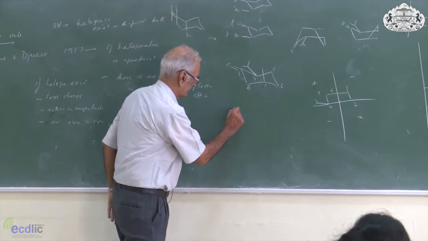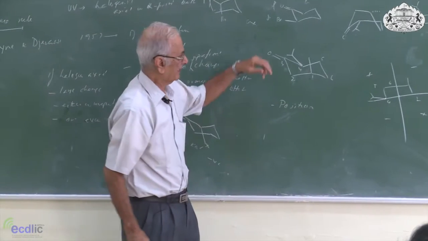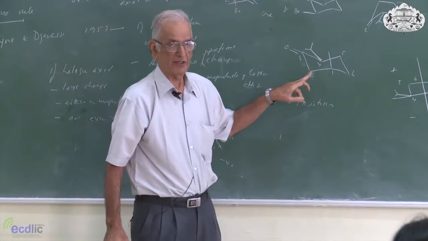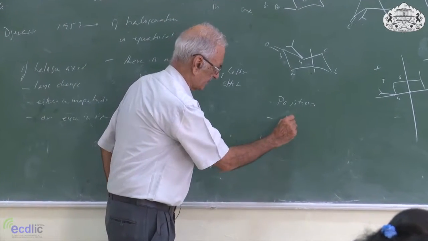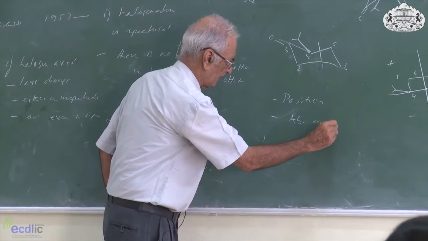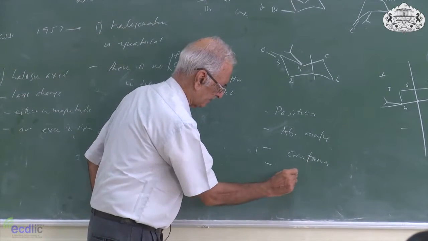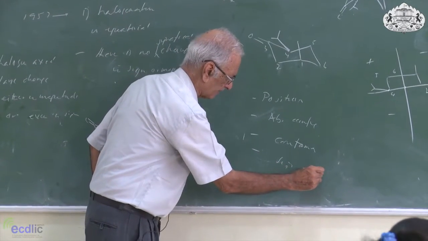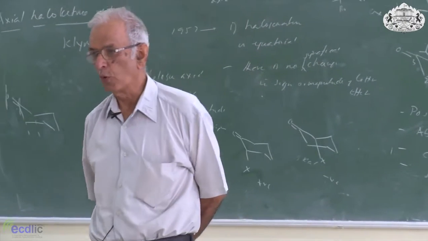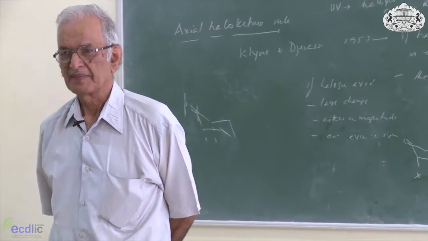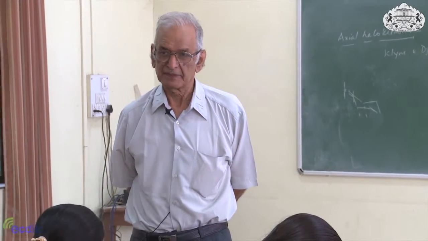The position, whether the halogen has gone this side or this side; the absolute configuration; the conformation; the sign of Cotton effect. Now there are 4 unknowns, and if I know 3 of them, I can predict the fourth.